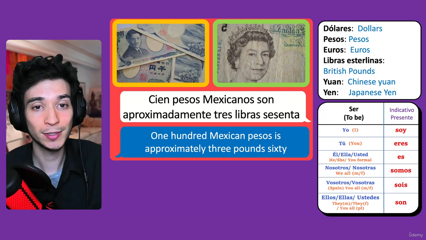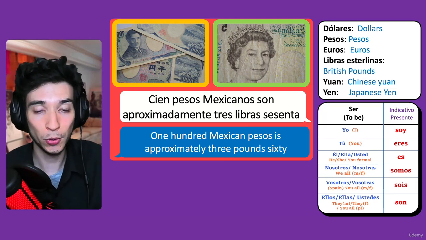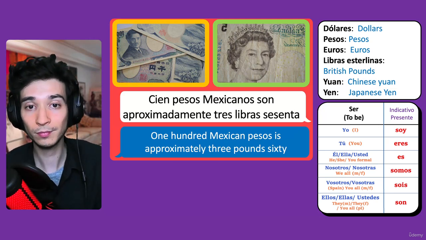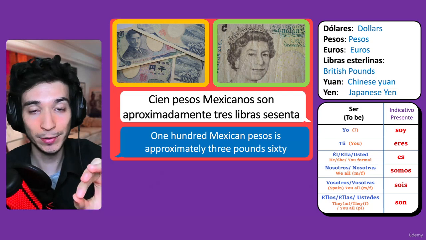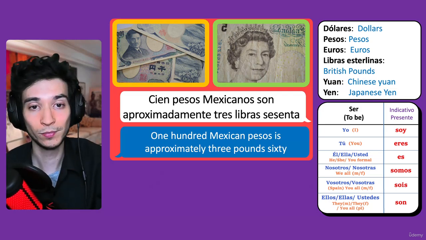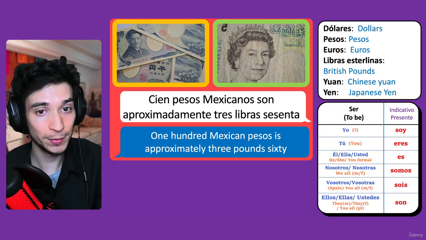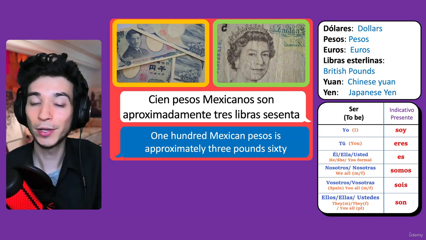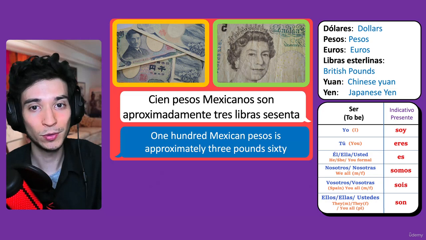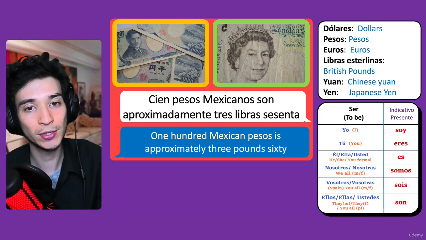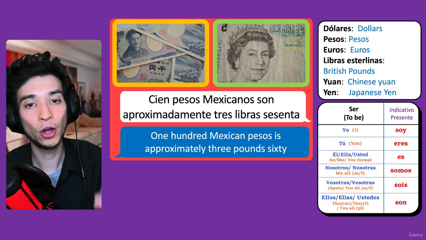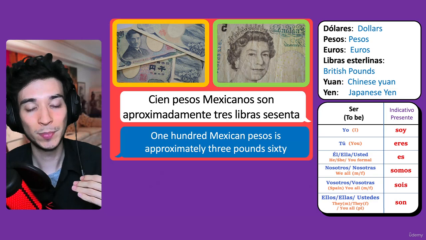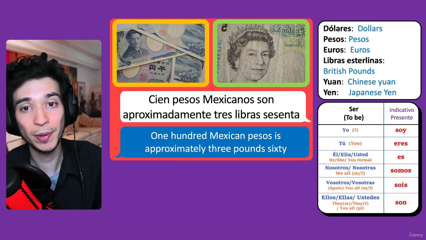And the next one. 100 pesos son aproximadamente 3 libras 60. 100 Mexican pesos is approximately 3 pounds 60. So yeah, you can say libras. Libras means pounds, but if you say libras in the context of money, people will know you're talking about British pounds.